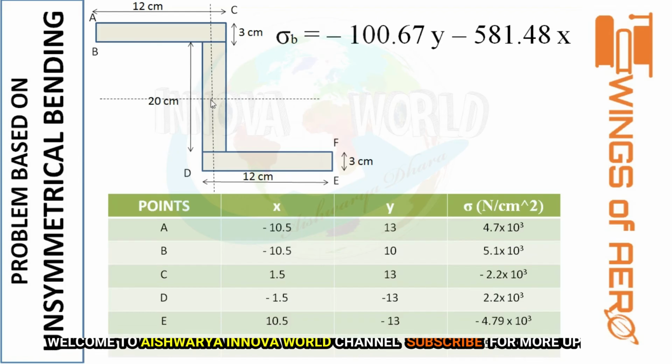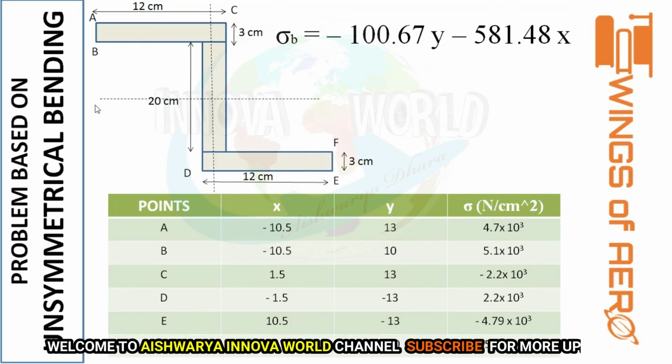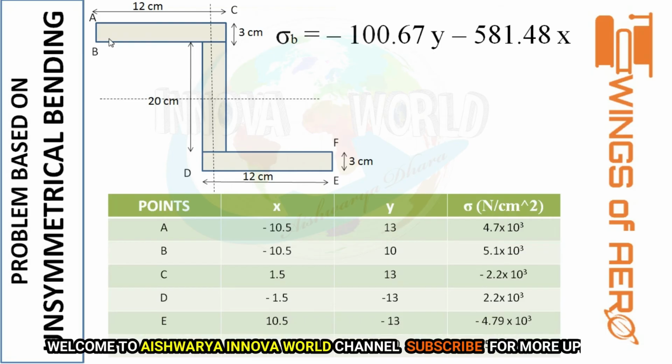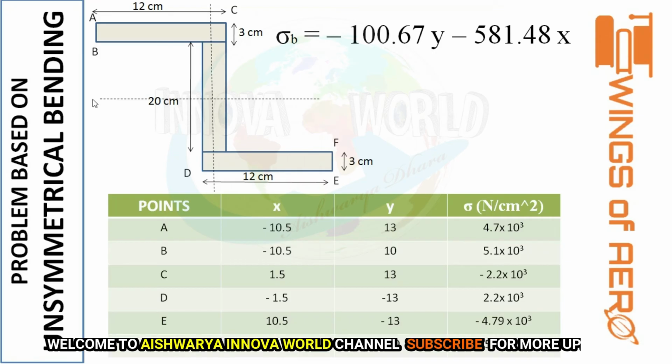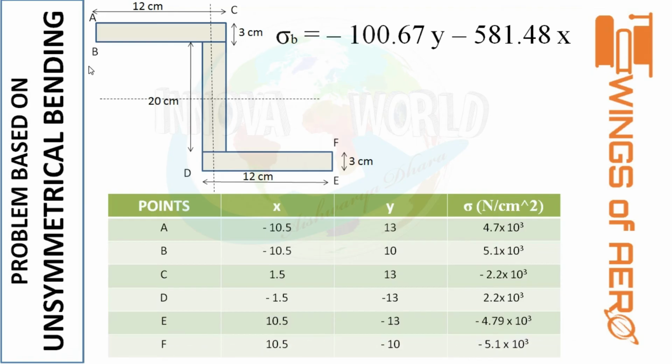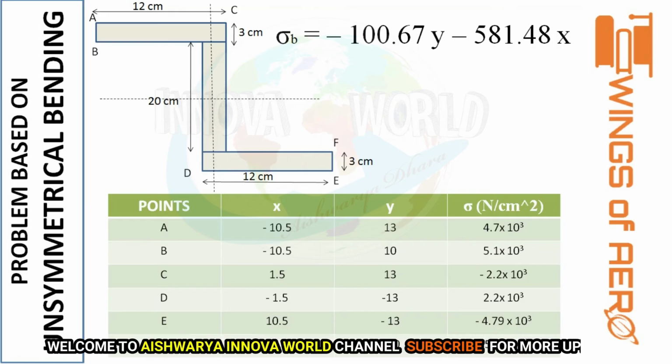Now here is the 0, 0 coordinate. I said if you go to the right-hand side you get a positive value, if you go to the left-hand side you get a negative x. Now we have A on the left-hand side. How far is the distance from here to here? It is 10.5. It is on the left side, so minus 10.5.